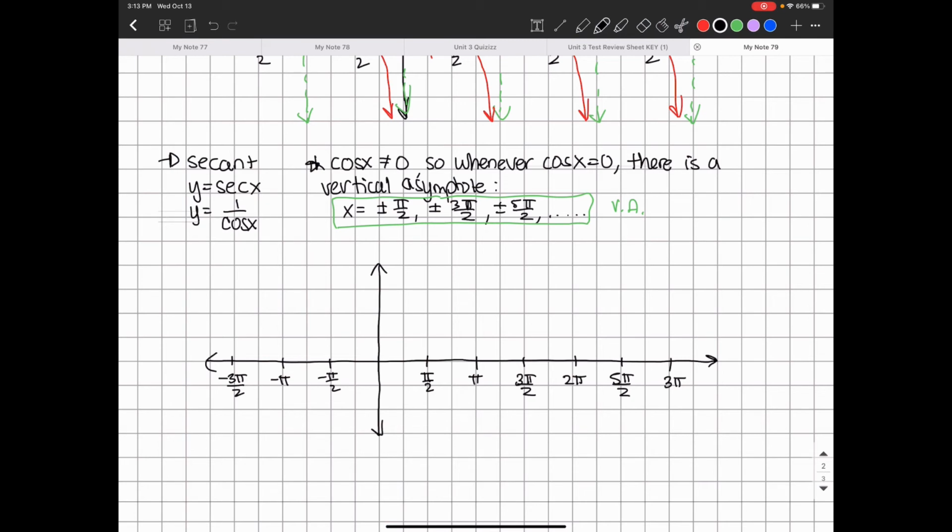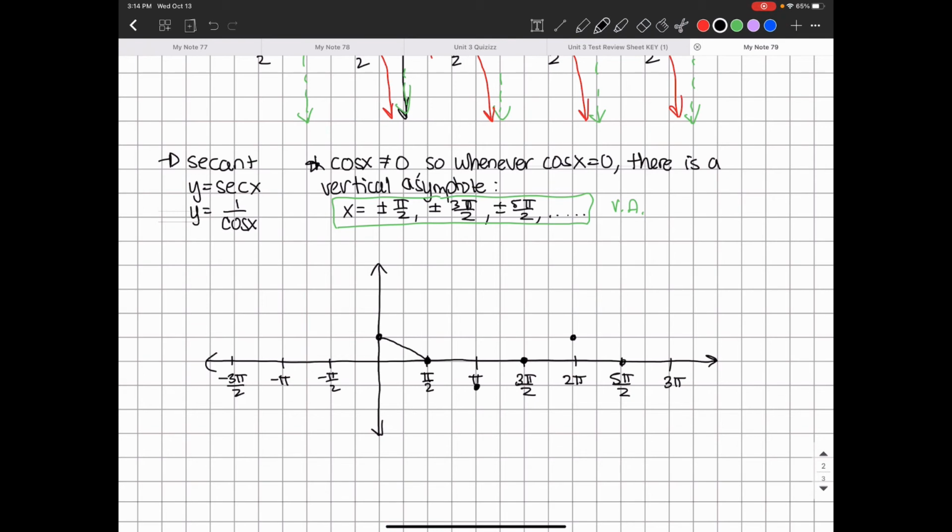It starts at 0, 1, and then it goes downwards. So I have a point at pi over 2, 0, and then a point at pi, negative 1. I go back up here. This is what my graph looks like.